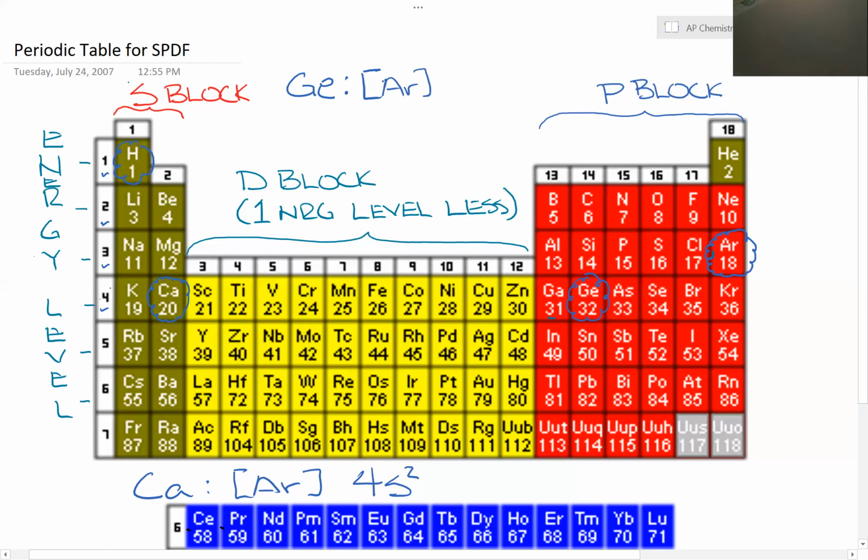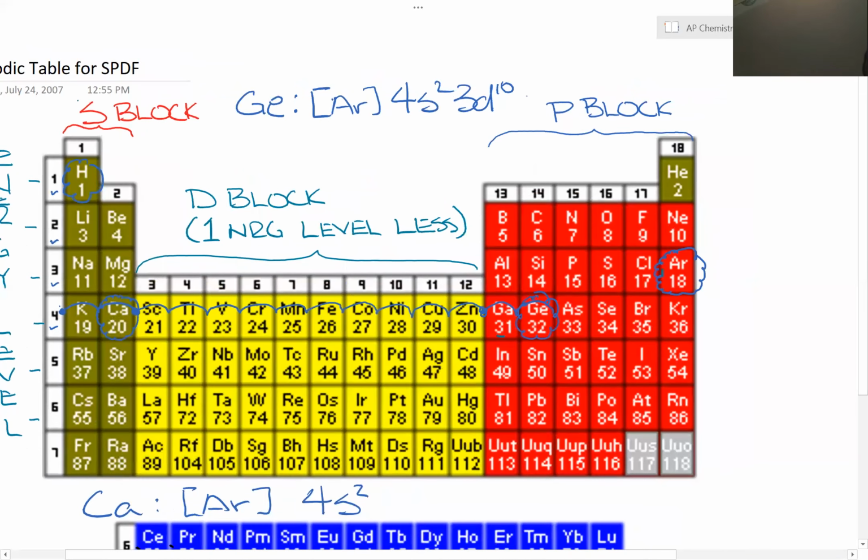Okay, and then we come here, we go 1, 2, so it'd be 4s2. We jump 1, 2, 3, 4, 5, 6, 7, 8, 9, 10. So it's 3d10, and then 1, 2, and that would be 4p2.